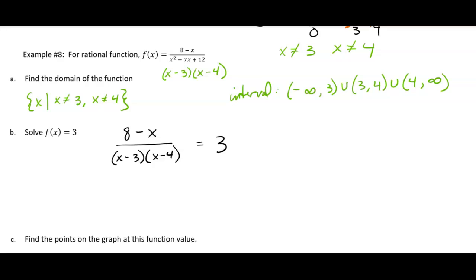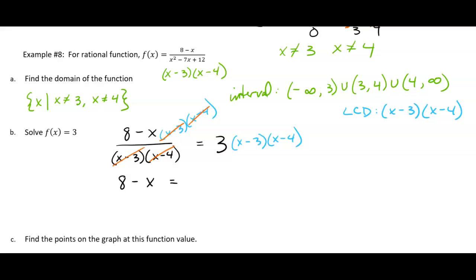The LCD is, I'll write the LCD over here, x minus 3, x minus 4. So you're going to multiply both sides by x minus 3, x minus 4. So on the left-hand side, x minus 3's cancel, x minus 4's cancel, and you have 8 minus x.